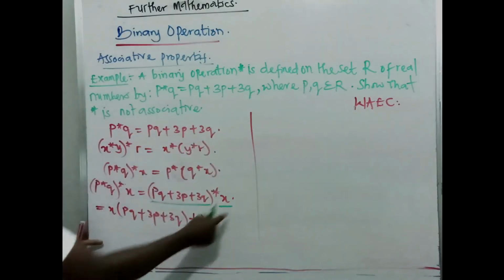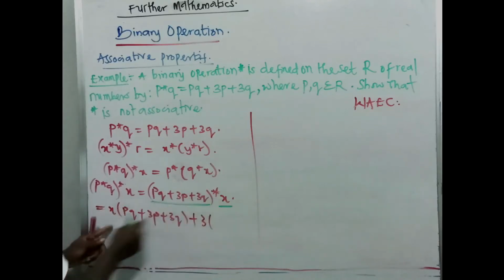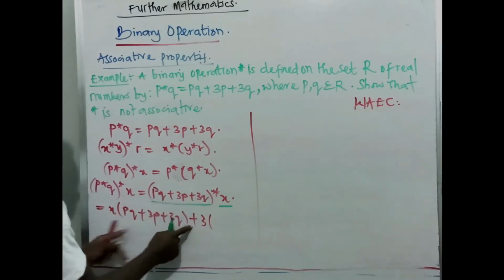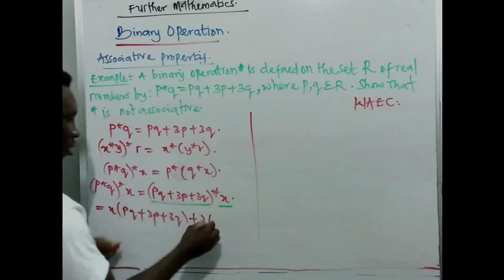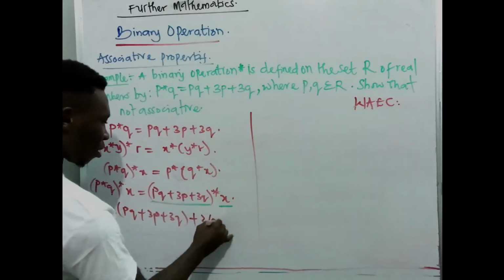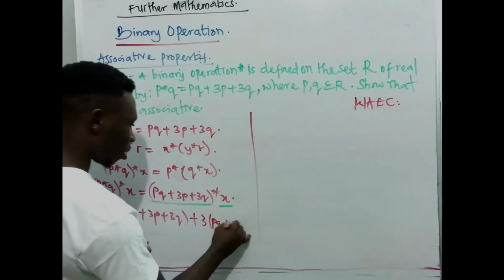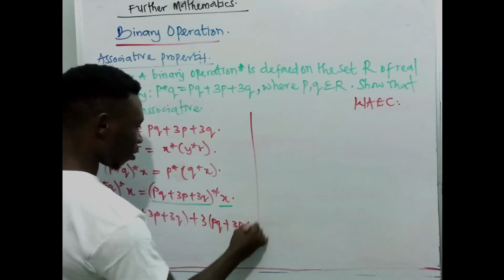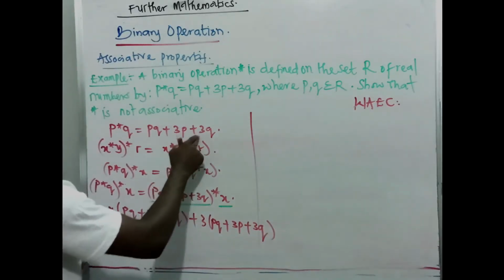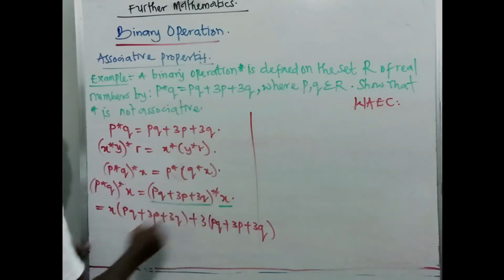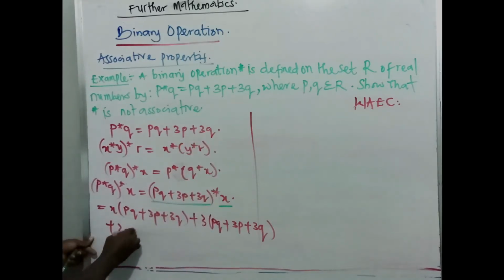So 3 of the first will give me 3 open bracket PQ plus 3P plus 3Q, then plus 3 of the second, which is S, that is plus 3S.